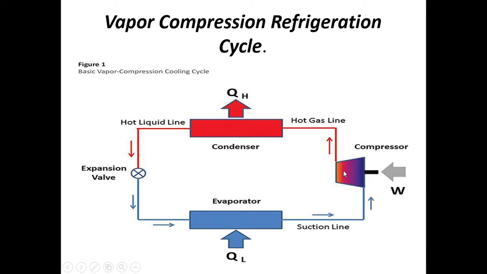Why it is done so: as I said earlier, refrigerant is in the vapor form at room temperature. When we increase the pressure of the refrigerant, its temperature also increases. We know that when a gas's pressure is increased, it can be condensed very easily.